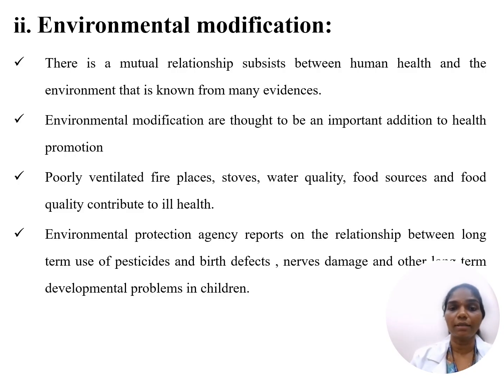The Environmental Protection Agency reports on the relationship between long-term use of pesticides and birth defects, nerve damage and other long-term developmental problems in children. So human beings should be in harmony with the environment. Any changes in the environment will obviously affect human beings also. The environment is a place where we live, where we work.